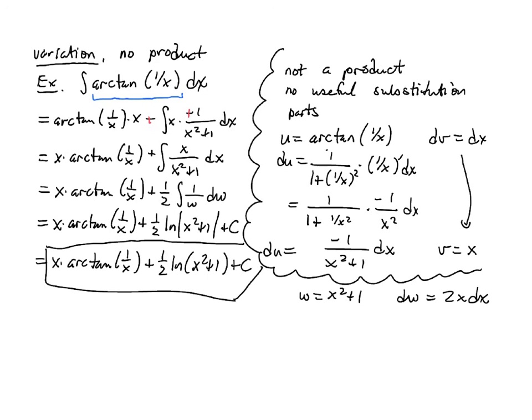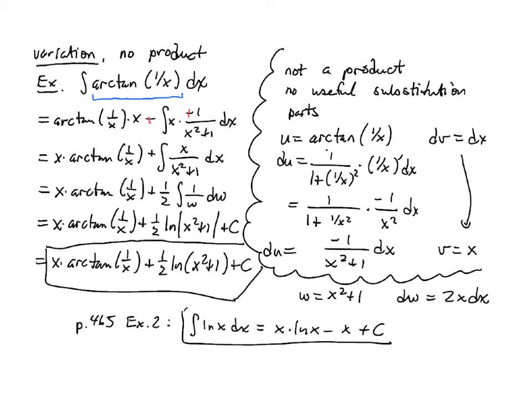And you can see another example like this on page 465, example number 2, where they use a similar technique in order to verify the formula, the antiderivative of ln of x dx equals x times ln of x minus x plus c. And this is one that you can either memorize if you want to, or remember how to use integration by parts in order to obtain it.